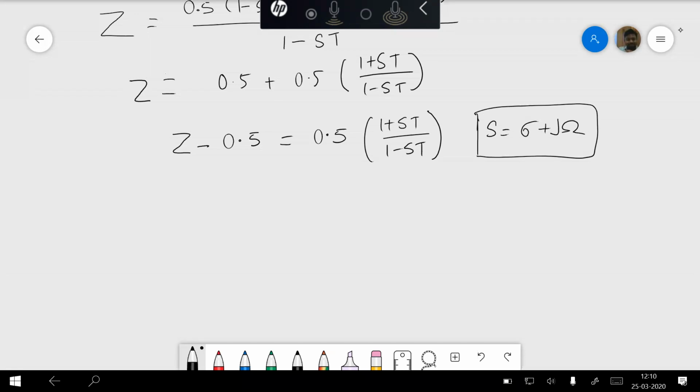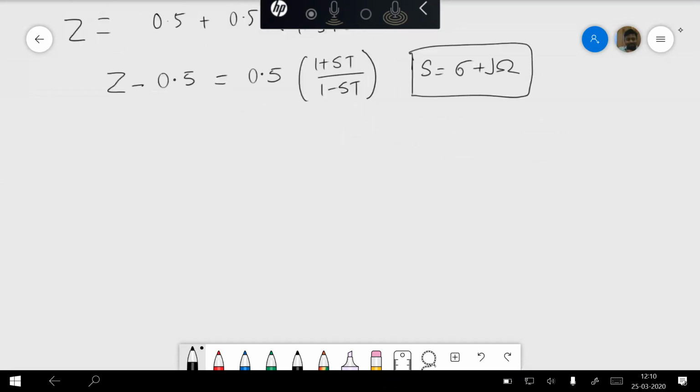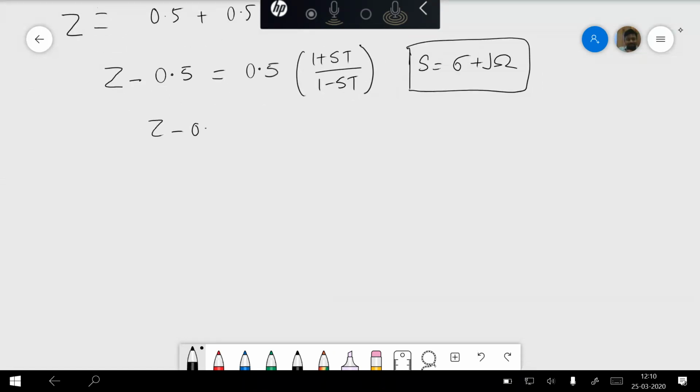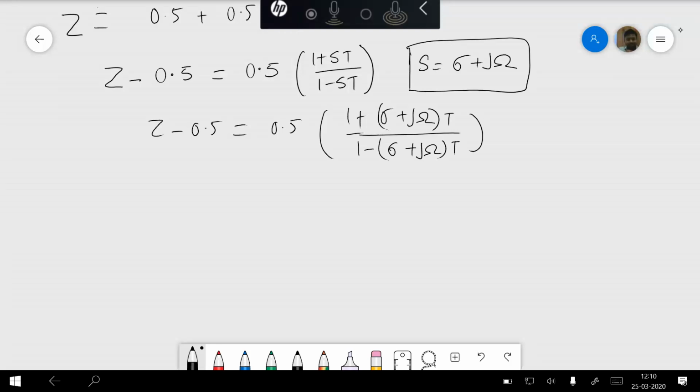If I replace s with sigma plus j omega in this equation, I get z minus 0.5 equal to 0.5 times 1 plus (sigma plus j omega)T divided by 1 minus (sigma plus j omega)T. That's what we got, right?